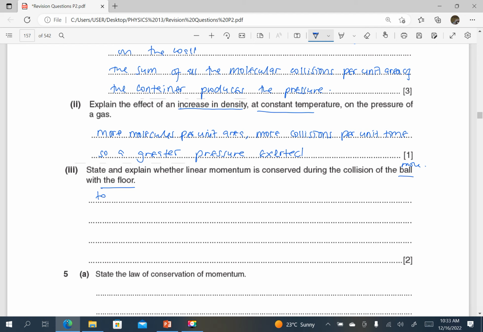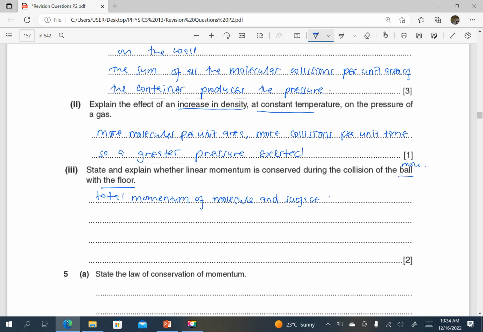So I'll say total momentum of the molecule and the surface is equal. So this is before collision. Remember, the surface cannot be moving, it is the molecule which was moving.